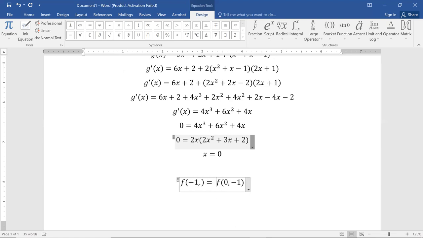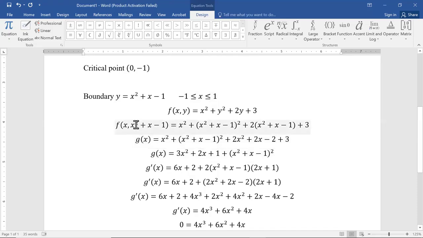What would we need to plug in for y if x is -1? Well, along this boundary, if x is -1, you get a y value that's also -1. Just plug in -1 here.